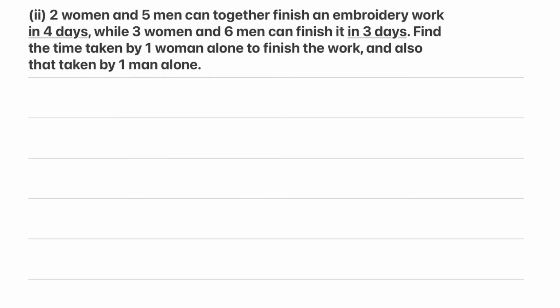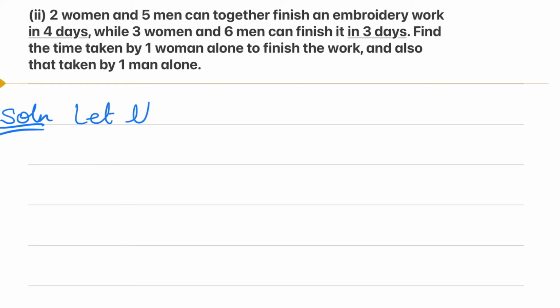Second part, it says 2 women and 5 men can together finish an embroidery work in 4 days, while 3 women and 6 men can finish it in 3 days. Find the time taken by 1 woman alone to finish the work and also that taken by 1 man alone.